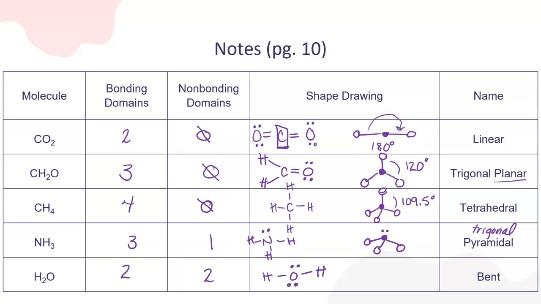It still adds to 4, so we're still going to use the tetrahedral shape, but 2 of those are going to become lone pair electrons. So this is now, and I'll zoom in, bent. Whereas trigonal pyramidal had a 107-degree bond angle, this has a 104.5 degree bond angle. So it is bent. It was a line, like we see it drawn with our Lewis structure, but when we draw its 3D shape, we see that that line has been bent by the repulsion caused by the lone pair electrons.